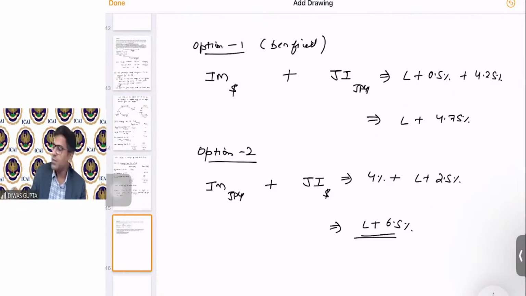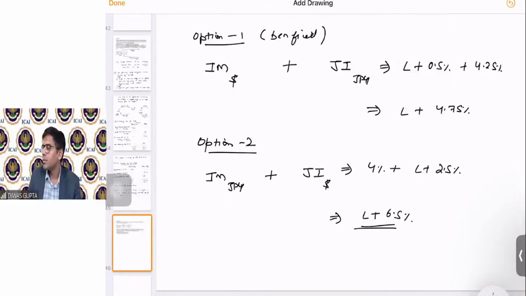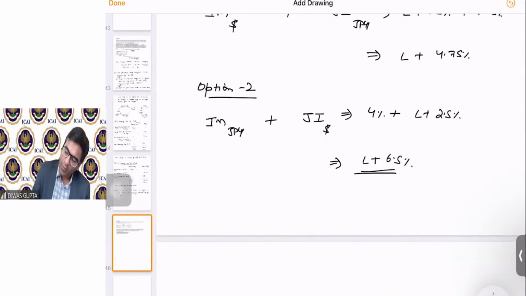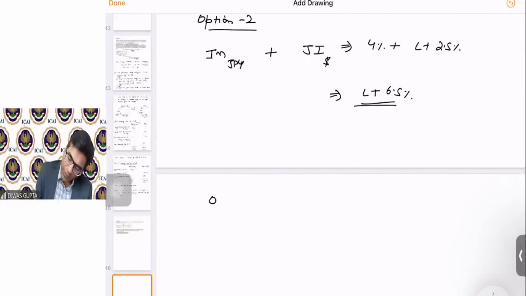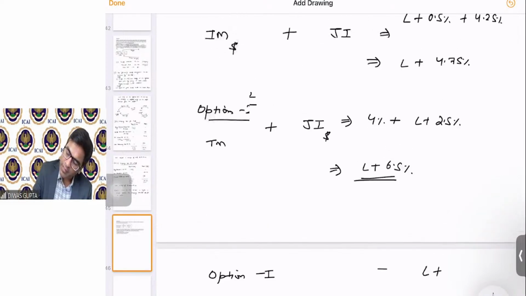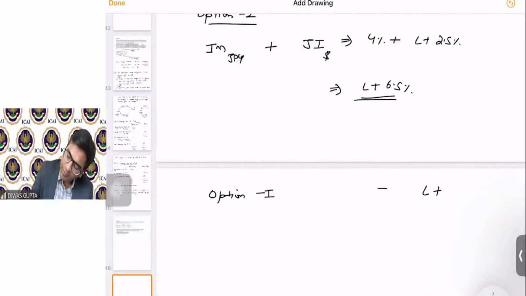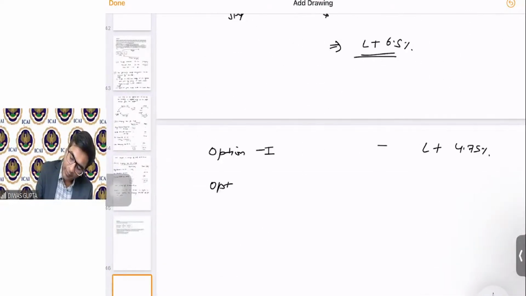So what is the difference, students? If we see between option 1 and option 2, option 1 is quoting a rate of LIBOR plus 4.75%. Option 2 is quoting as LIBOR plus 6.5%. So the differential.